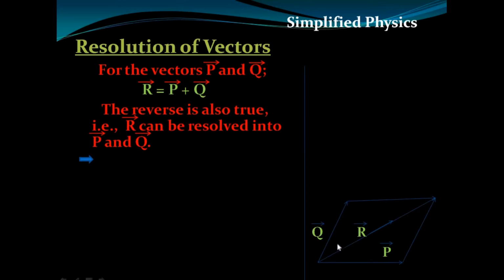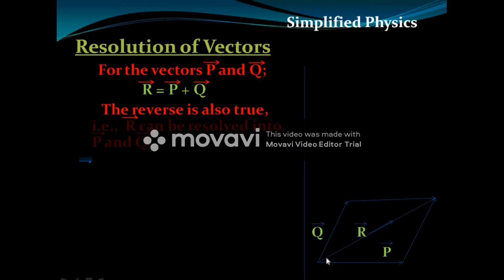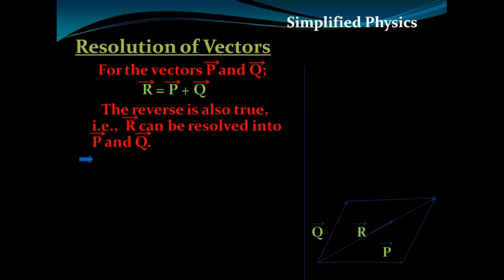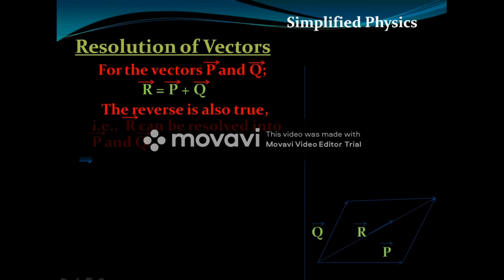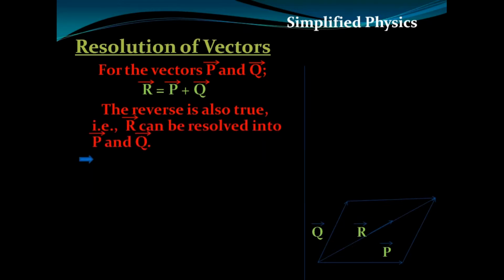If p and q are two vectors representing the two adjacent sides of a parallelogram, then the diagonal from the common point gives the resultant of the addition of vectors. So for the two vectors p and q, we can write r vector equals p plus q vector from the parallelogram law of vectors. What about the reverse? Reverse is also correct. That means we can divide r vector into p vector and q vector.